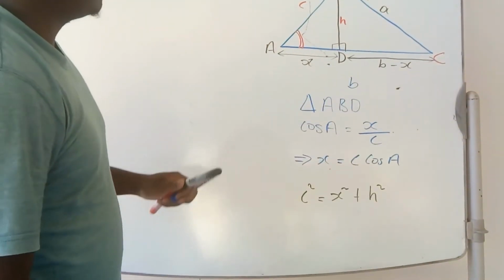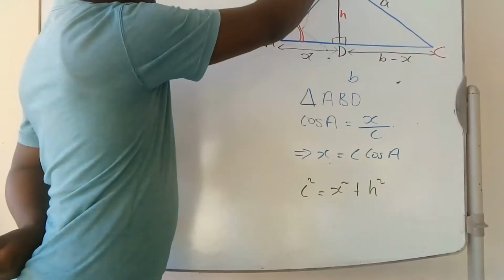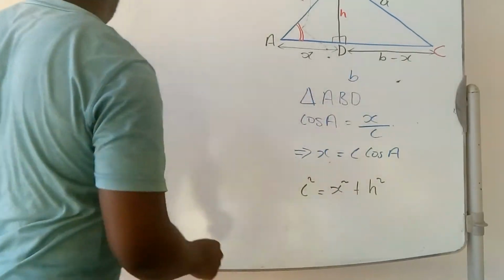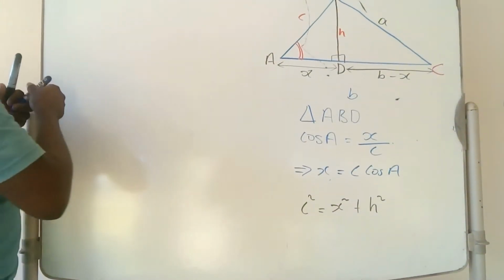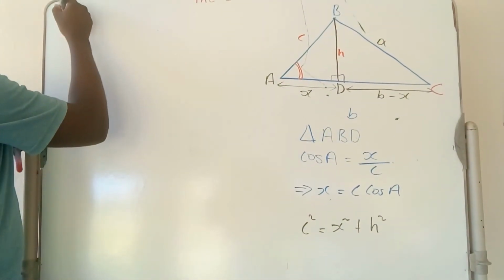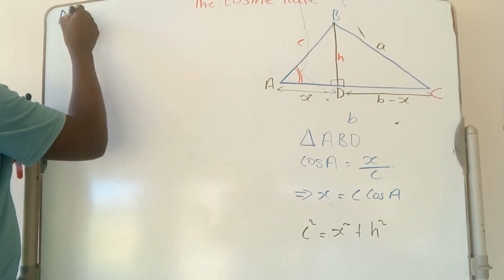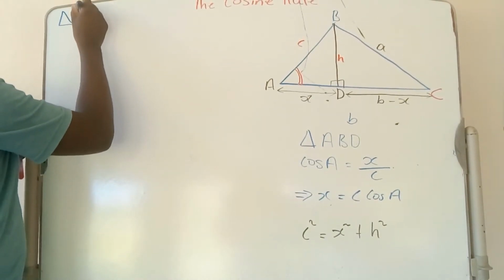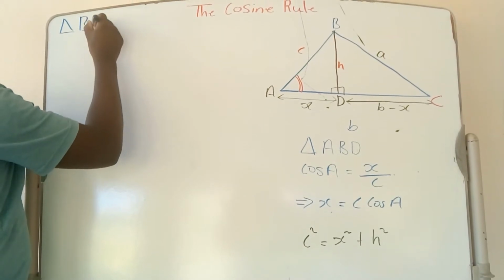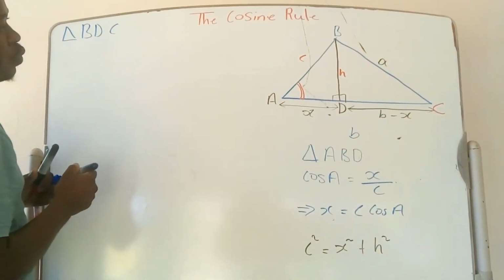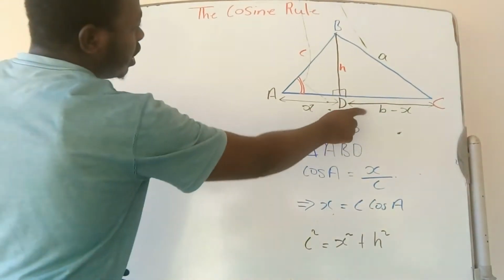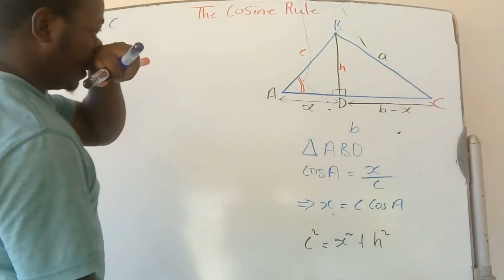Let's move over to the other right angle triangle, which is BDC. So now I'm focusing on triangle BDC, and we want to apply the Pythagorean theorem to this triangle here.